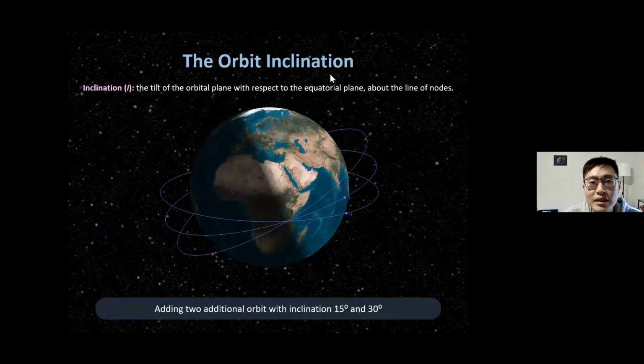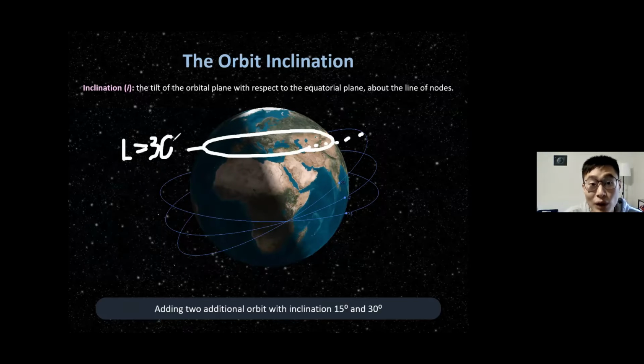If I tilt my inclination at 30 degrees, I am only bound to revisit, at the very highest end, a latitude of around 30 degrees. It's not going to be exact because I'm going to have some kind of sensor cone, and I'll be able to tilt my satellite in an oblique way. But basically, the inclination allows us to reach higher in latitude, right?